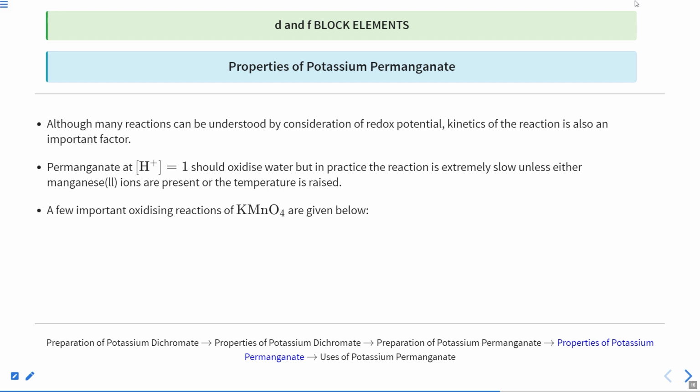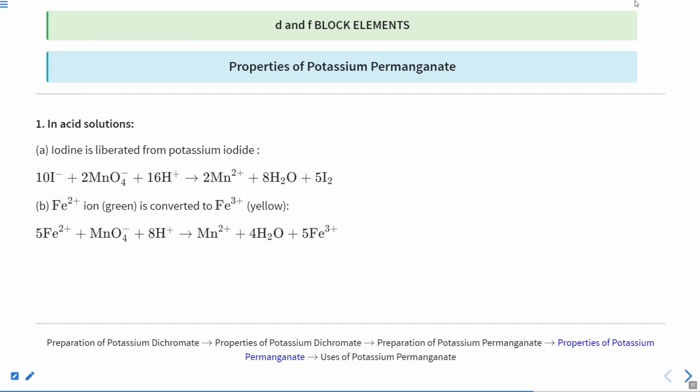Next are some reactions in different pH of solution. In the acidic solution, potassium permanganate reacts with iodide to give iodine and Mn2 plus.